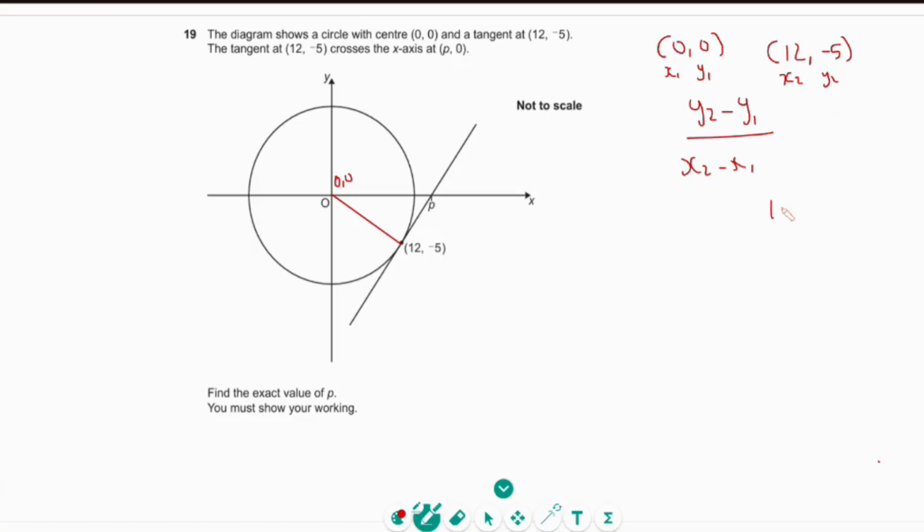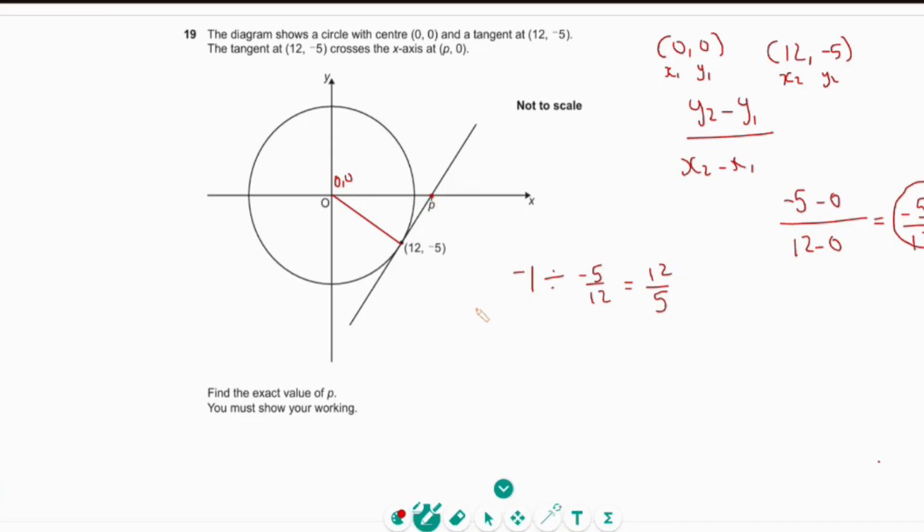We've got minus 5 minus 0 over 12 minus 0. Minus 5/12. Okay, so the gradient of the perpendicular is the negative reciprocal of minus 5/12. Minus 1 divided by negative 5/12 will give you 12/5. Now I know the gradient of this tangent is 12/5.